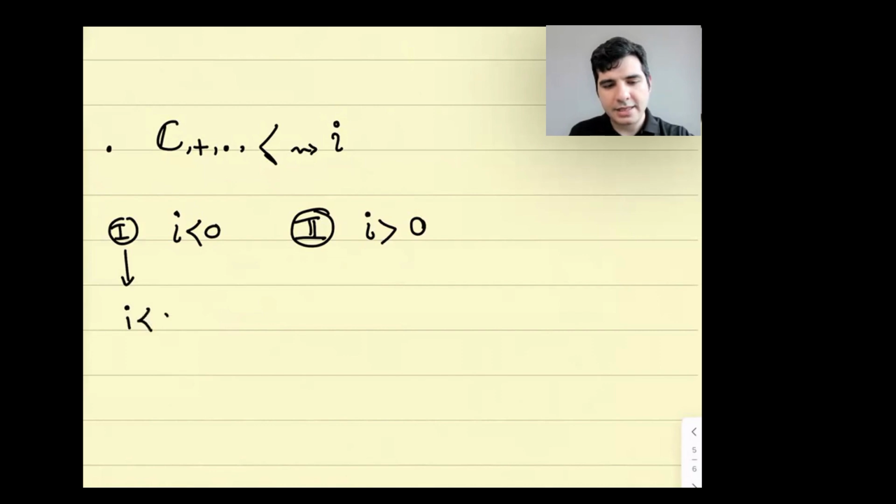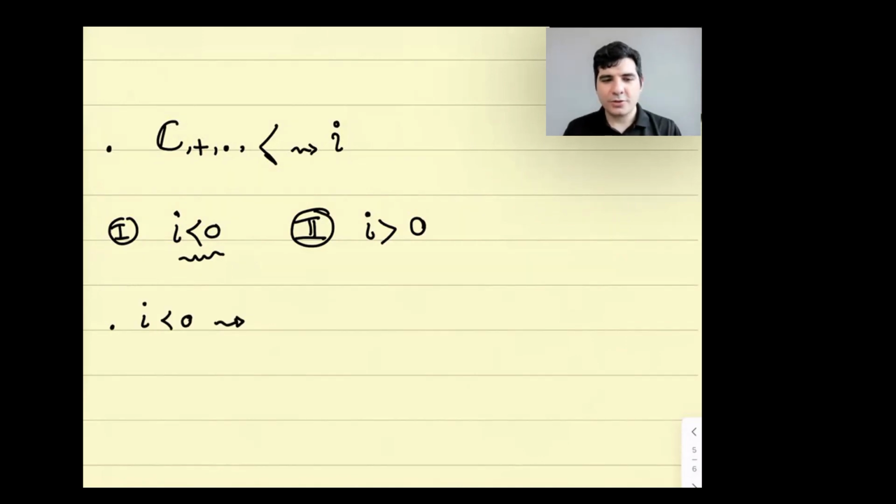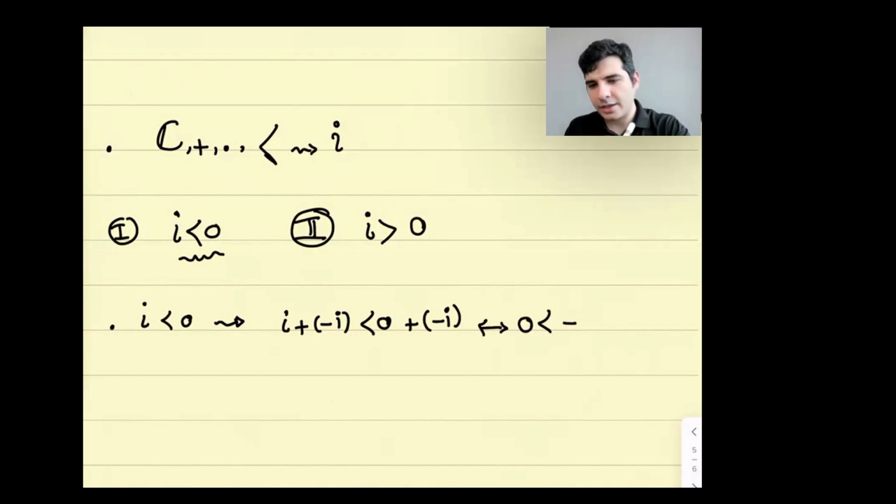Let's say i is less than 0. What would happen? The first thing one should argue is that we can add minus i to both sides of the inequality. So if i is less than 0, i plus minus i is less than 0 plus minus i. The left-hand side would be 0, and the right-hand side is minus i.